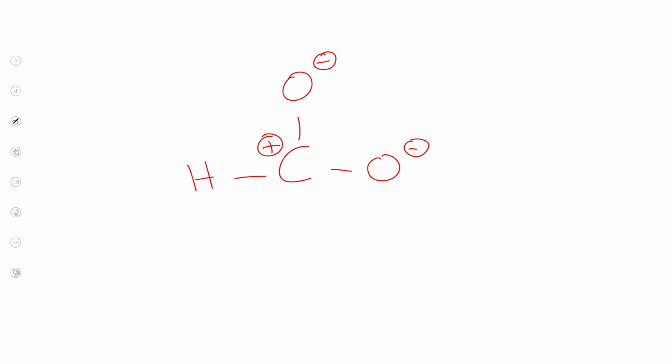It's not the best possible Lewis structure though, because if I fill in all these lone pairs, so does the carbon have a lone pair? It's positively charged. If the carbon had a lone pair, it wouldn't be positively charged, it wouldn't be neutral either, it'd be negatively charged.